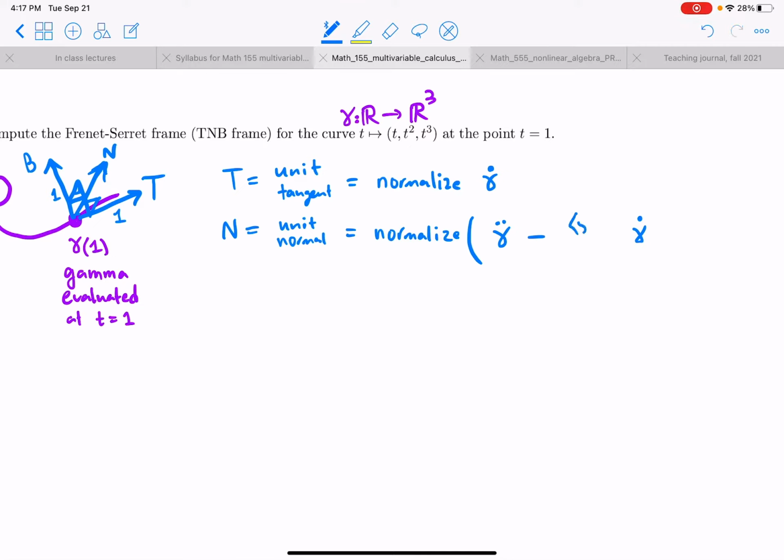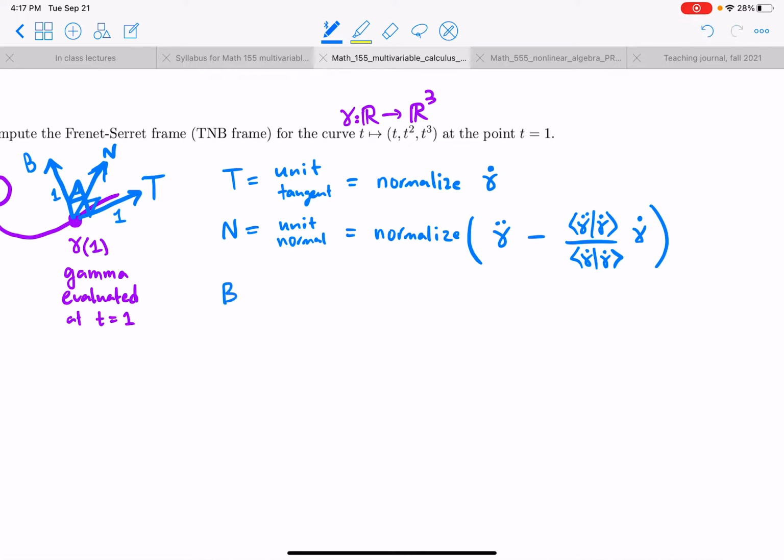Okay, so we know how to do that. Gamma double dot dot gamma dot, over gamma dot dot gamma dot, times gamma dot. So that's the formula for projecting. Okay, and so we just normalize this vector.